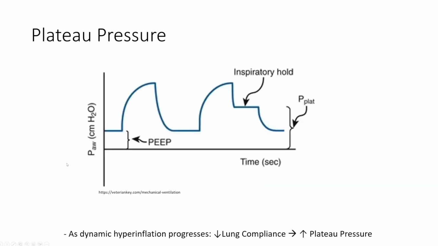Your plateau pressures. Now, we mentioned earlier that as dynamic hyperinflation progresses, you're starting to breathe at a less compliant portion of the pressure volume curve. So if the lungs are becoming less compliant, then higher alveolar pressures are going to be needed for distension. And that can be detected by doing an inspiratory hold, as you see here, and potentially seeing progressive rises in your plateau pressure.